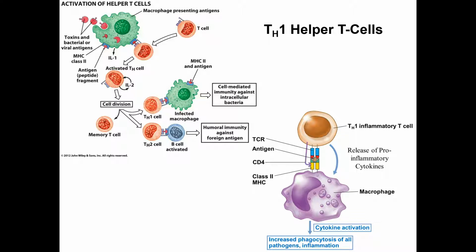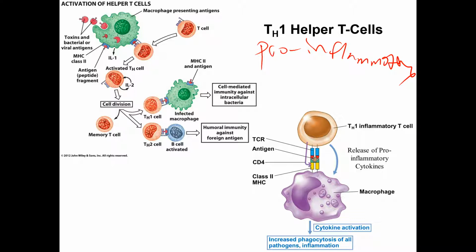Alright, so your Th1 helper cells, helper T cells. These guys are pro-inflammatory. So you have your infected cell, where you have your phagocytic cell that's displaying MHC class II surface antigens, and these MHC class II surface molecules are displaying antigens to your T helper cells.